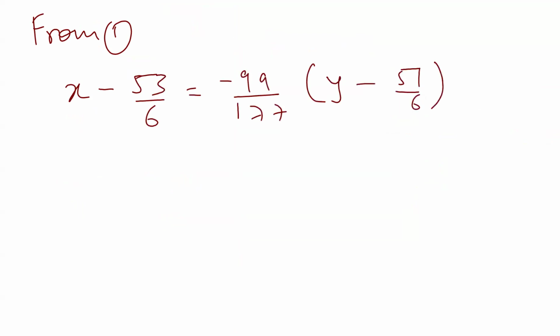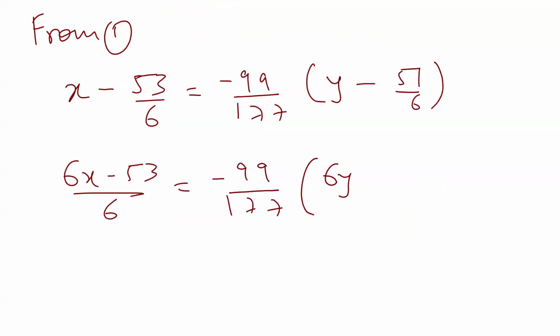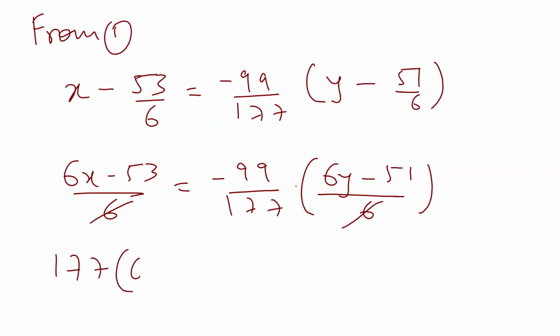Okay, so 6x minus 53 upon 6, minus 99 upon 177, 6y minus 51 upon 6. We can cancel this 6 on both the sides because there is multiplication. Just multiply this 177 on the other side.